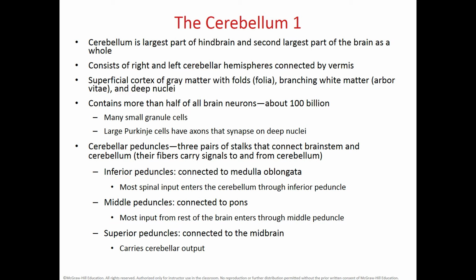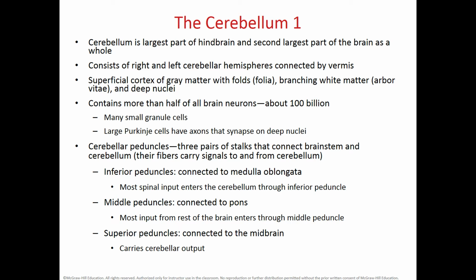It has a superficial cortex, and it has these folds or folia, which are similar to the gyri. And then it has this branching of white matter that we call the arbor vitae. And then we have nuclei within the cerebellum. It has about 100 billion neurons, and these neurons are called Purkinje cells.